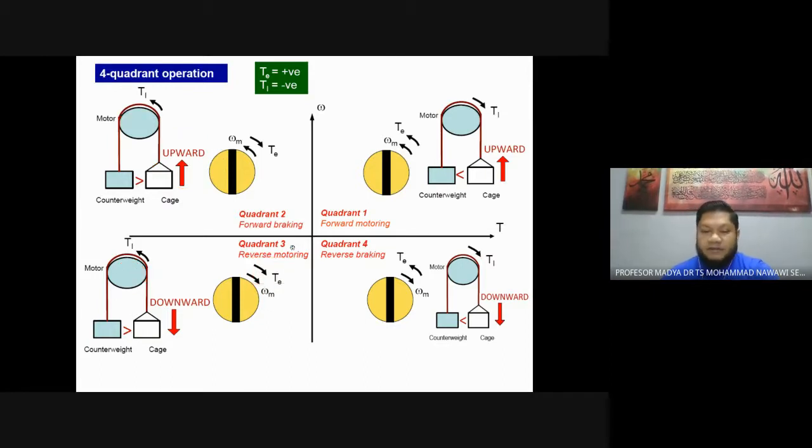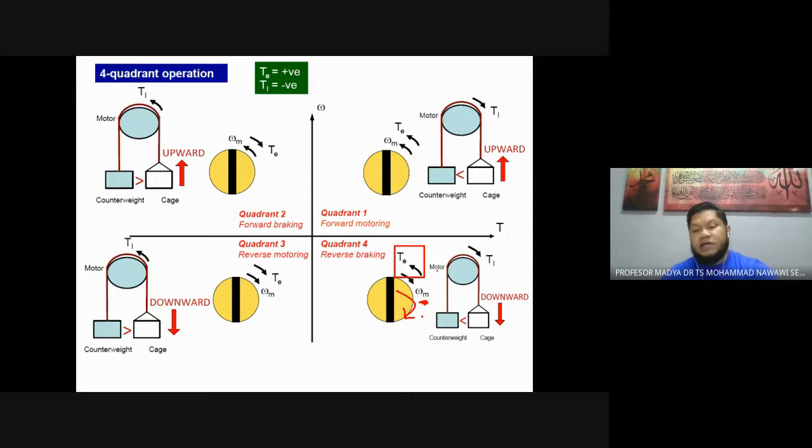And finally, you have this fourth quadrant whereby you want the cage to move downward, right? And of course, you need to apply the reverse torque so that you will do some braking to oppose the movement of your motor here.